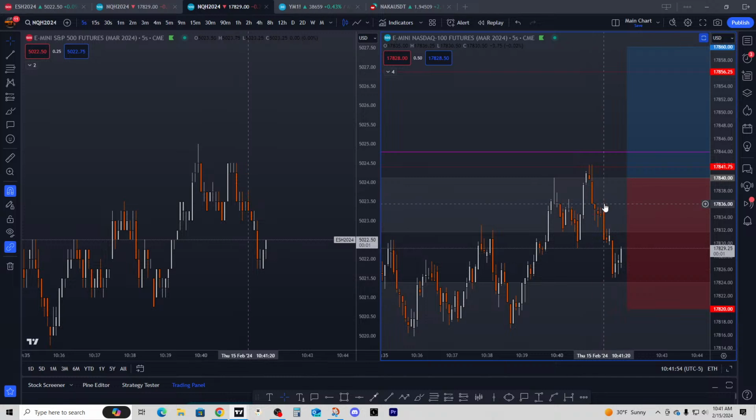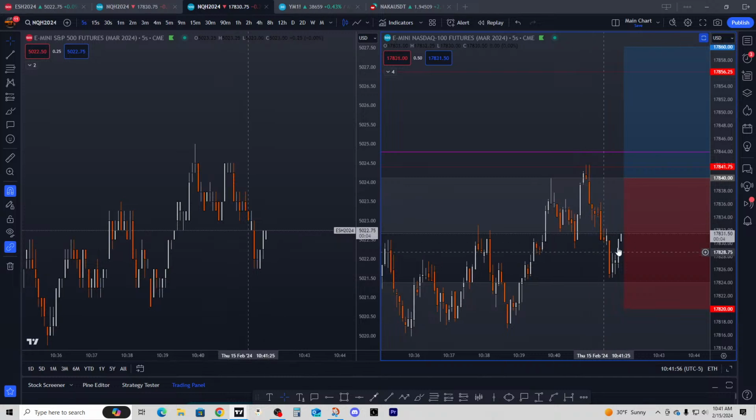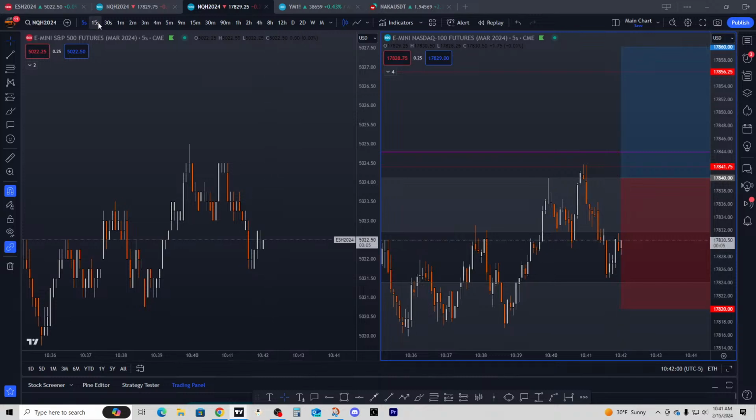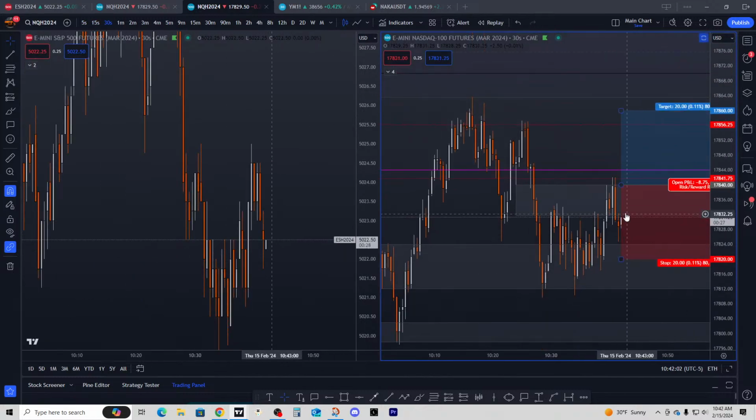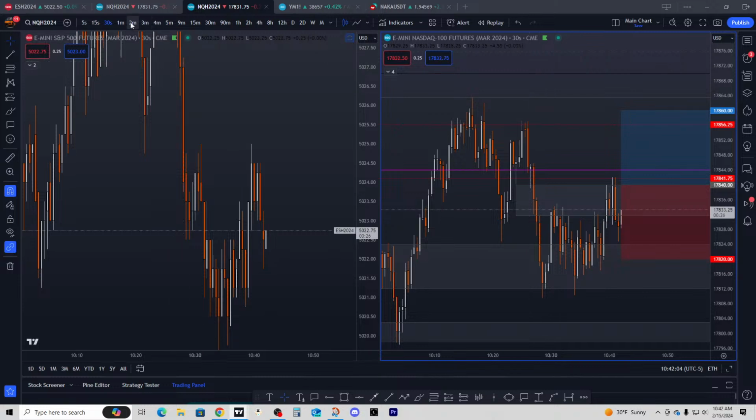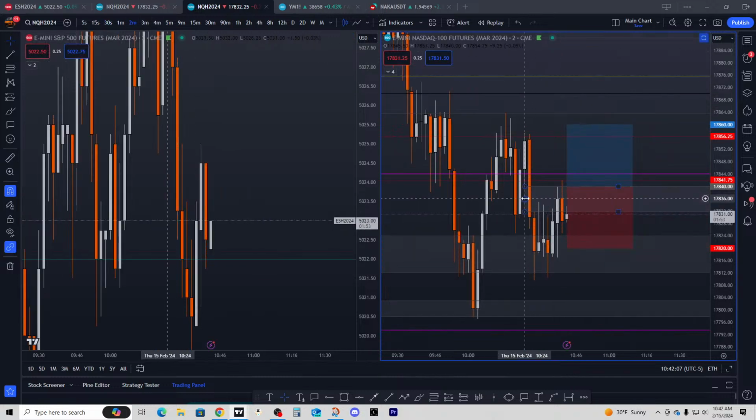Five-second took out the high, came back. We'll see what happens right here. Yeah, obviously that 2-minute didn't want to close up above it, so it's obviously not respecting.